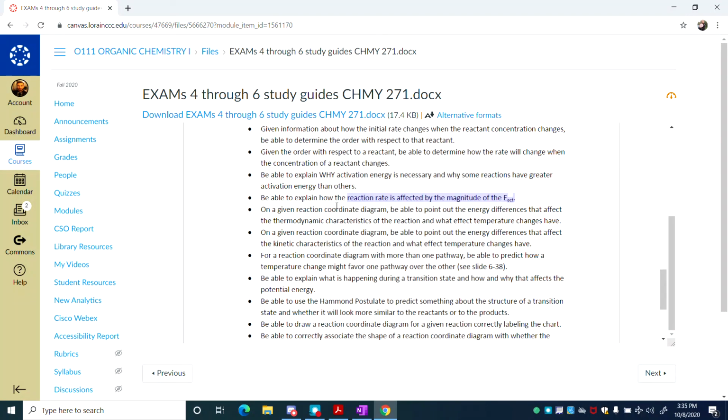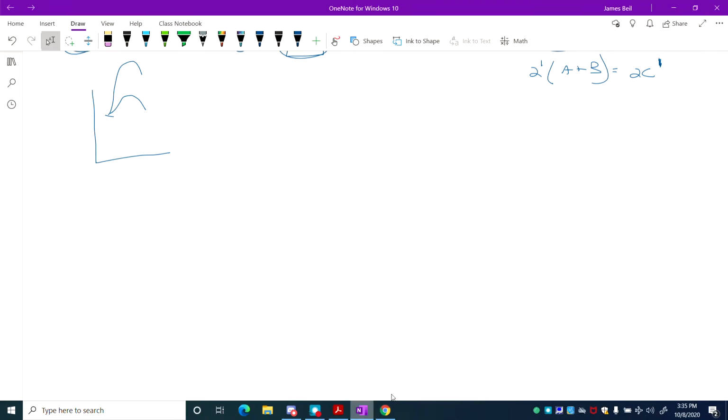We talked about the next bullet point in our other example. The next two, actually. This bullet point here, there was a quiz question related to that one. That was a situation where you have two possible pathways in competition.